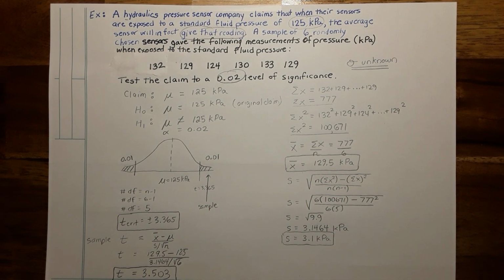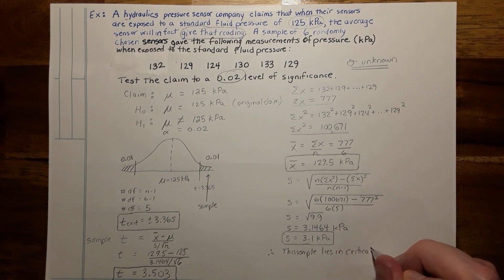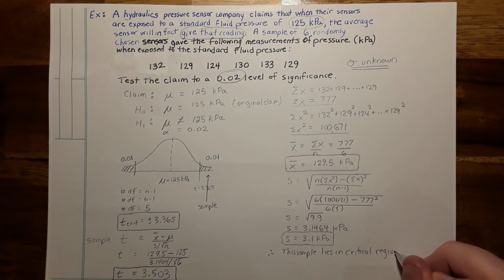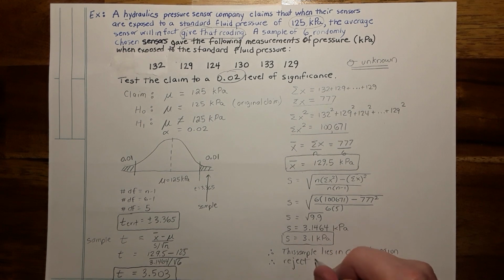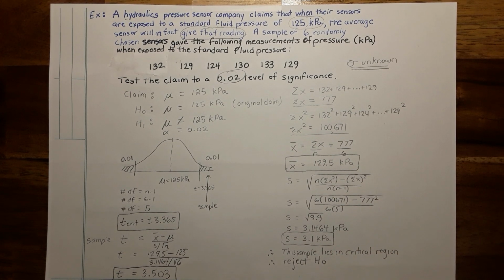The sample is in the critical region that allows rejection of the null hypothesis. Because it lies in the critical region, we have to reject the null hypothesis.